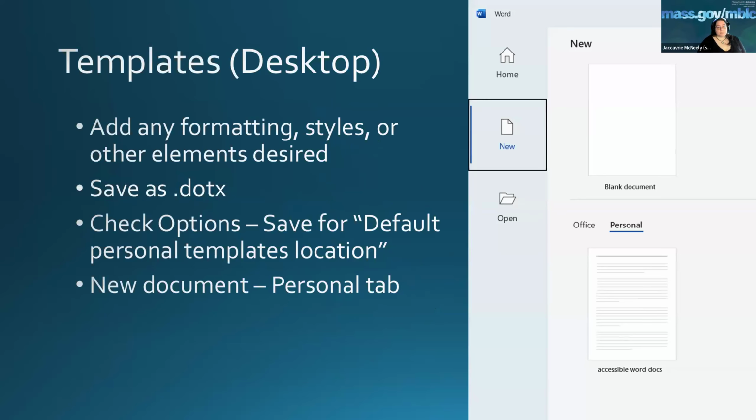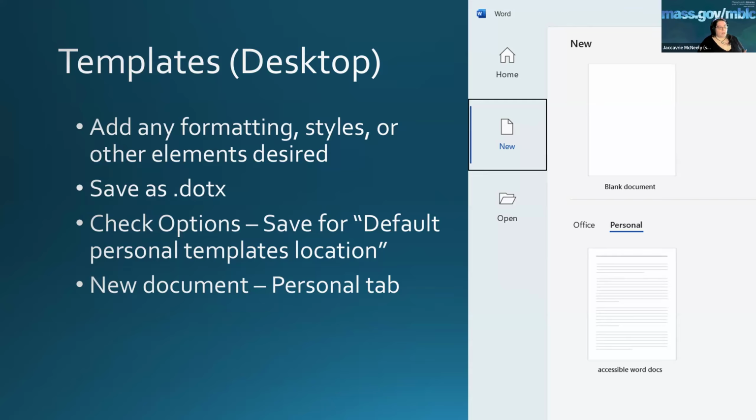Now, if you know exactly what you want your document to look like, and you want all of your documents to be similar, you can set up a template. This is primarily something you want to do on the desktop version. We'll talk about the web version in just a minute, but it's a little bit harder to do with that. So you create your document, you add any formatting or styles or any other elements that you want to your document.